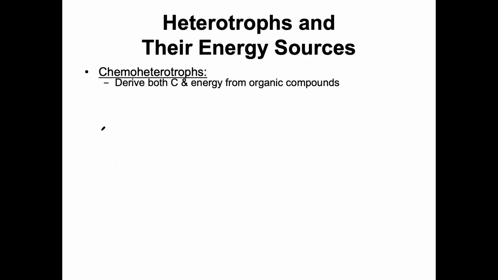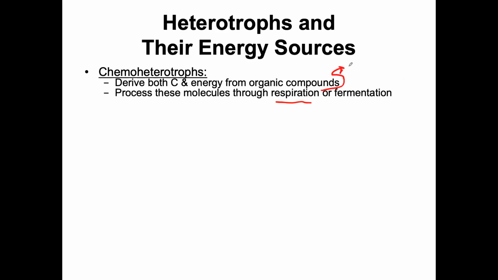A chemoheterotroph is like us. It gets its energy from an organic compound, a carbon hydrogen compound that already has energy in it. And what these organisms do is they do respiration or fermentation. So what's respiration? Well, the overall equation is going to be C6H12O6, that's carbohydrate, plus oxygen gives us CO2 and water.